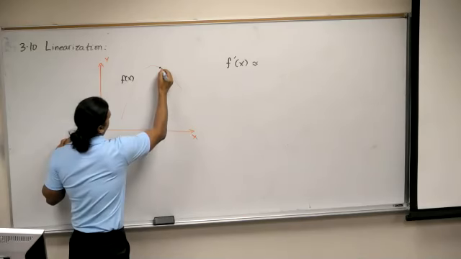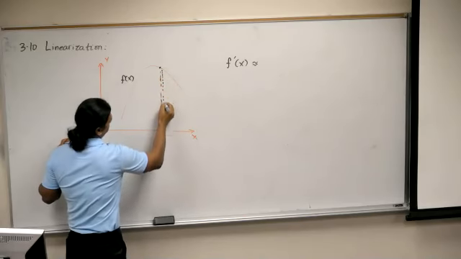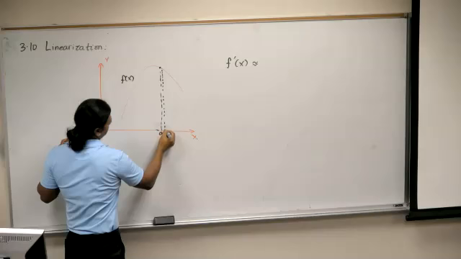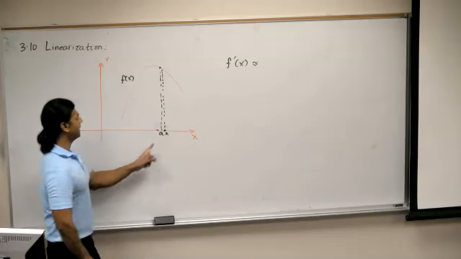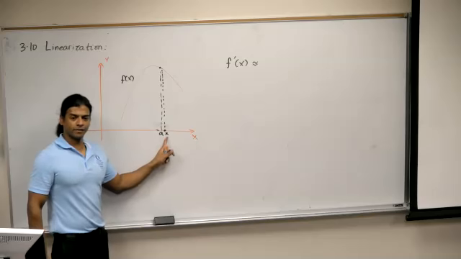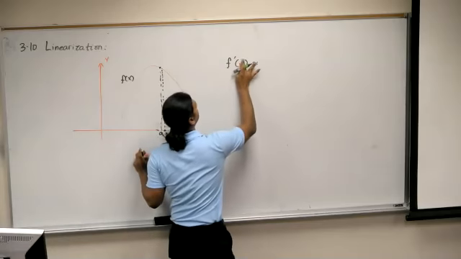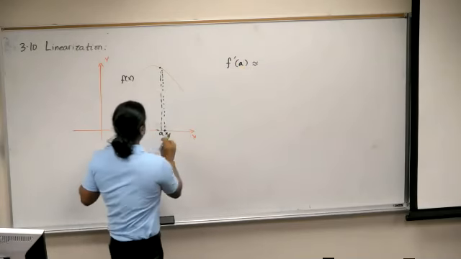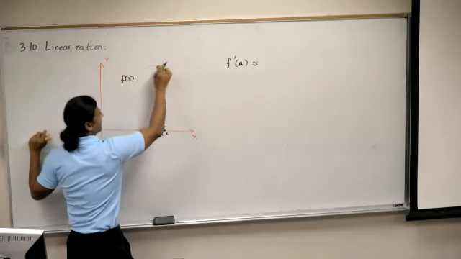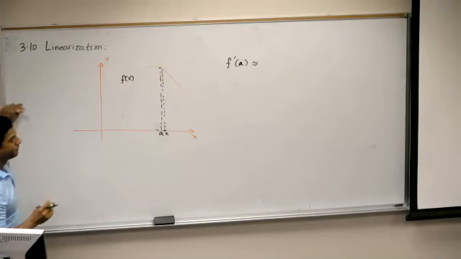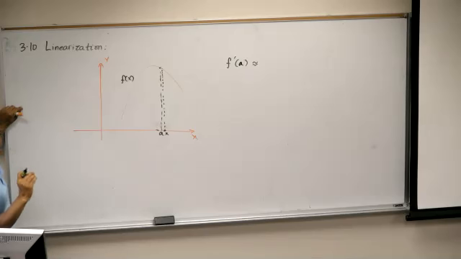So we are going to pick a point very close to point A. So this is f prime of A, the derivative at the point A, because that's what's going to approximate our function at the value A.